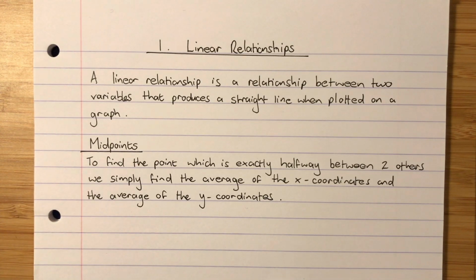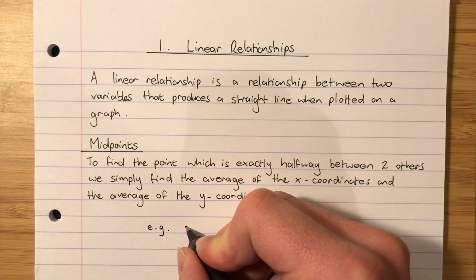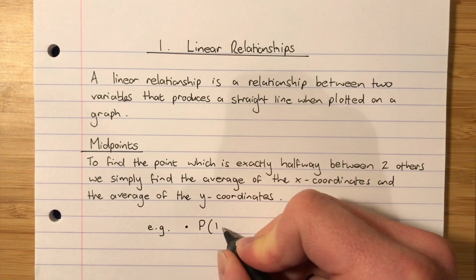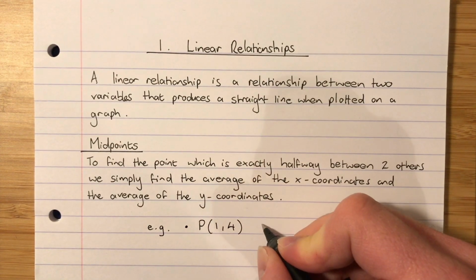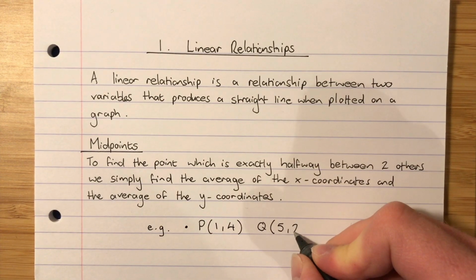Now, there is a formula for this, but I think the best way for you to develop this skill and to actually work on it is just to see a few examples. So let's just put them in. So for example, let's say your first example is point P, which is 1, 4, and point Q, which is 5, 2.